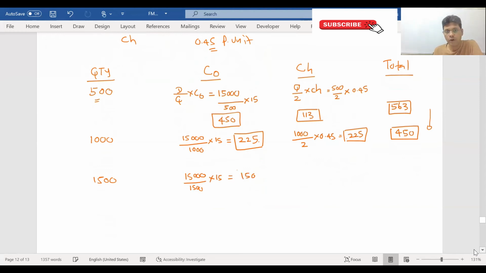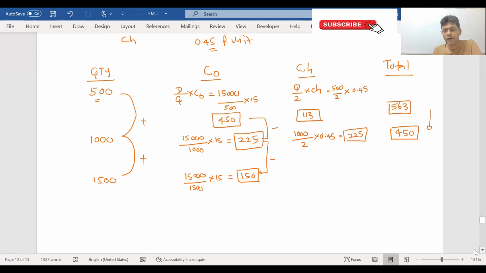As you can see, the ordering cost reduces from 450 to 225, then 225 to 150, as you increase the order quantity. The cost reduces.